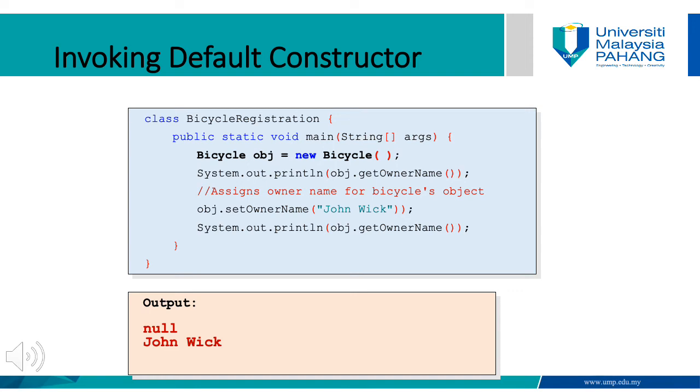As you can see in the output here, the first output will be null, and then the second one shows the correct output, which is John Wick.